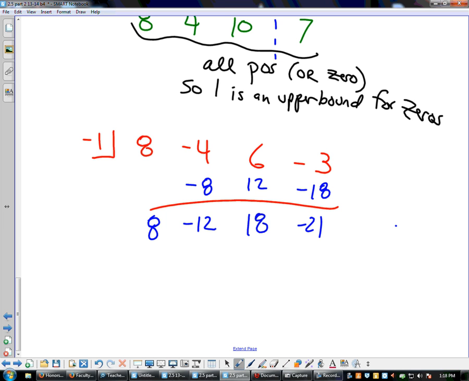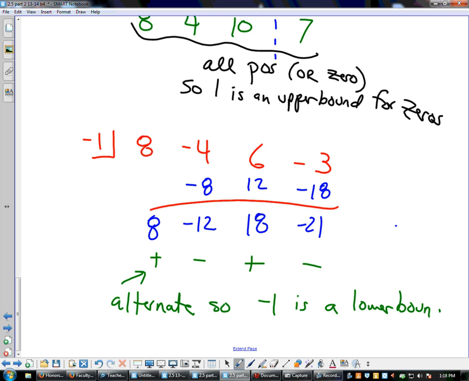If you notice, these are alternating positive, negative, positive, negative, positive, negative. Since they alternate, that means that negative 1 is a lower bound for the real zeros. That means I will not have any zeros to the left of -1 on the x-axis.